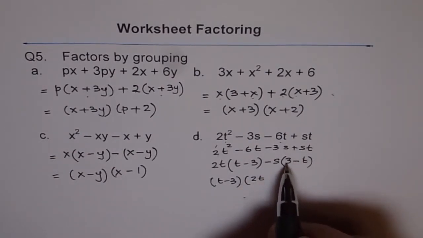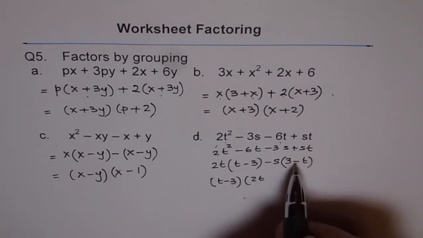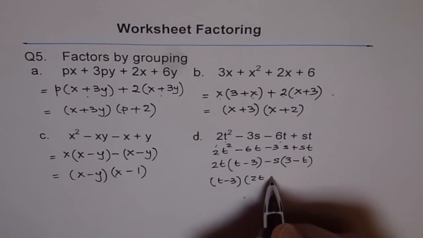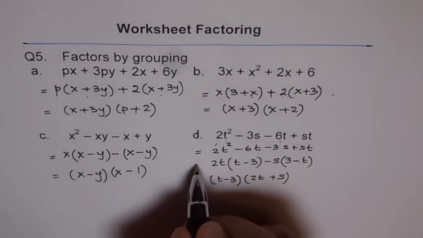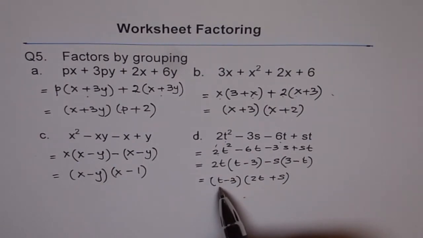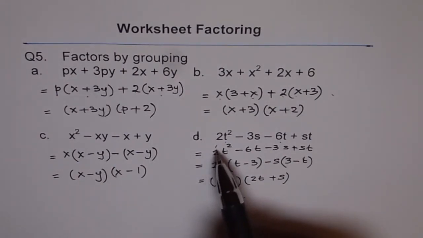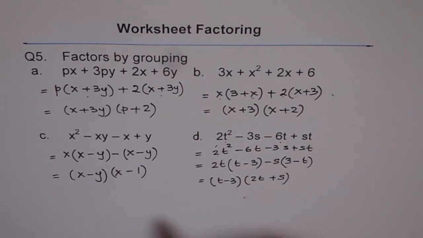So if I divide 3 − t by t − 3, I get −1. So that −1 makes this plus, so we get +s. So that's kind of critical to understand, right? And always when you factor, don't forget to put equal to signs, because each statement is equal to the previous statement, right? So that is the factored form of D.